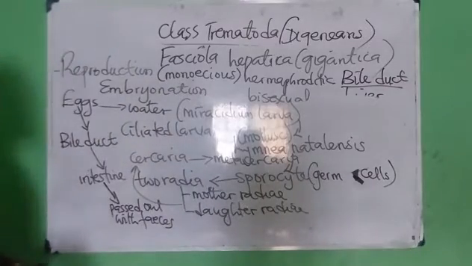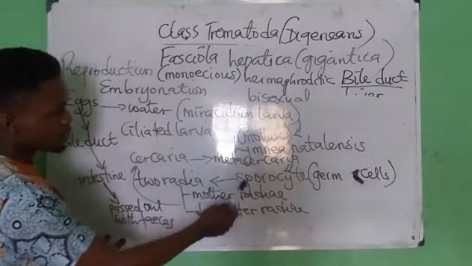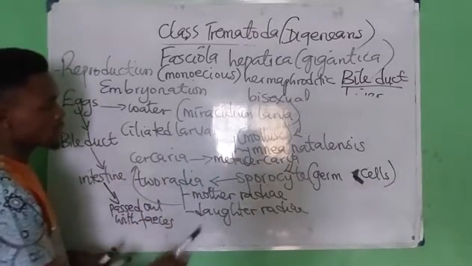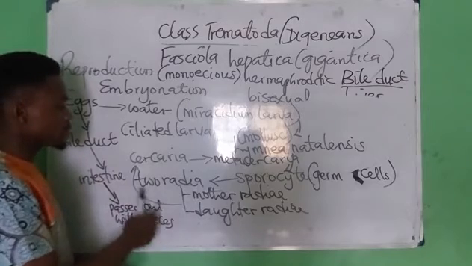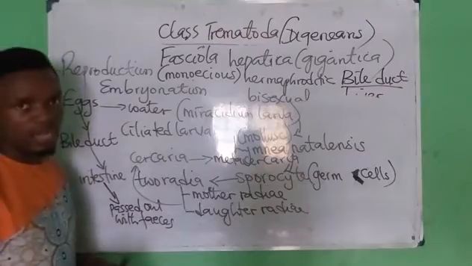You see how the life cycle goes. The limnia develops into sporocyst. Sporocyst develops into the mother and daughter radia. The daughter develops into cercaria, and cercaria develops into metacercaria.